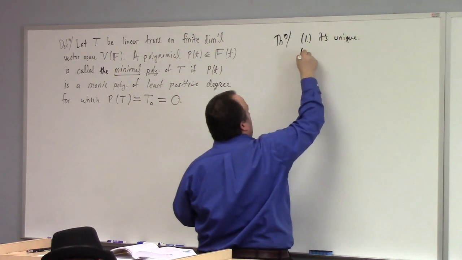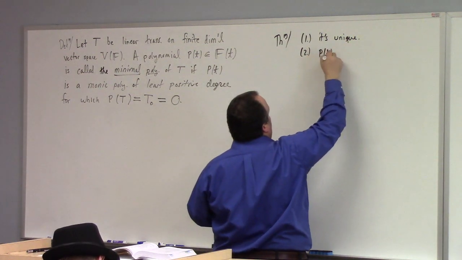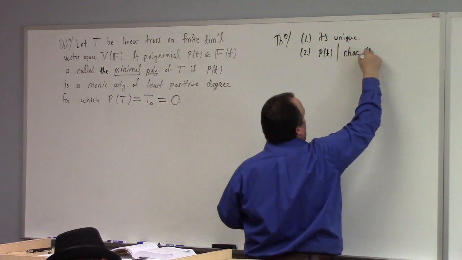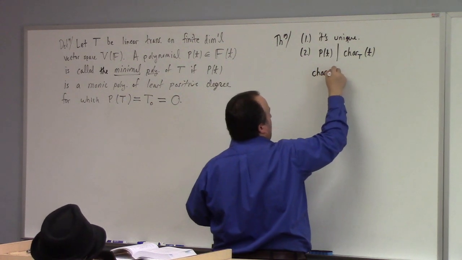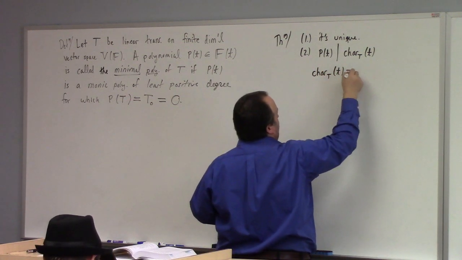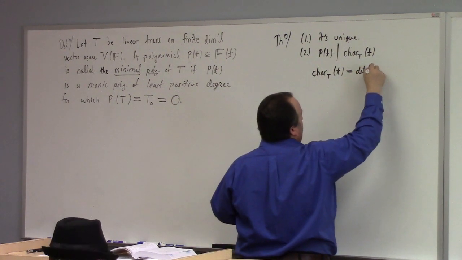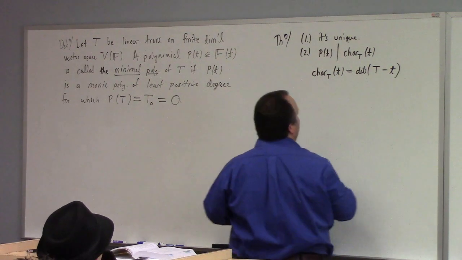And number 2, P of t divides the characteristic polynomial of T, where, as usual, the characteristic polynomial of T would be equal to the determinant of big T minus t in my current language. Let's get nuts.